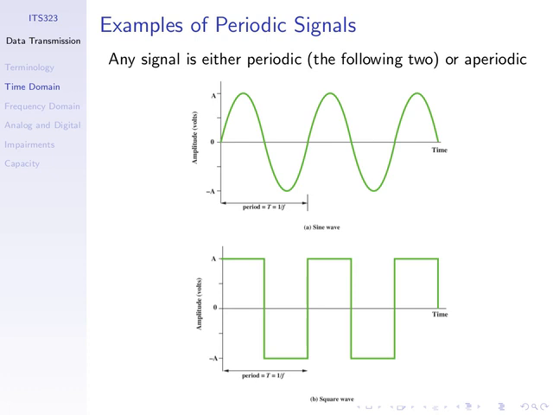So if it repeats 10 times in 1 second, then the period is the inverse of 10. 1 divided by 10 seconds, 0.1 seconds. Period, inverse of the frequency. This is high school physics.